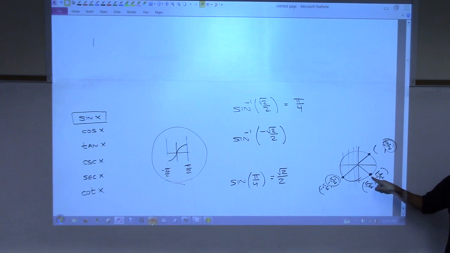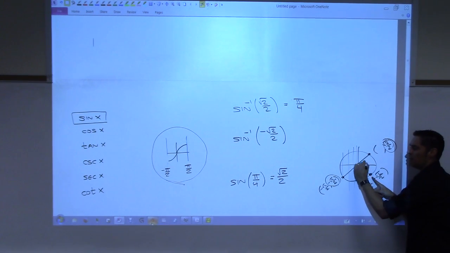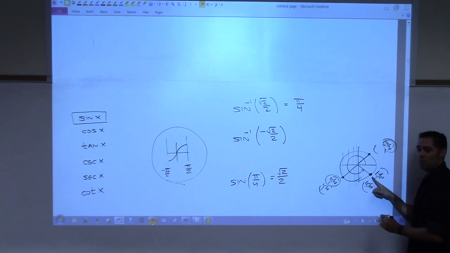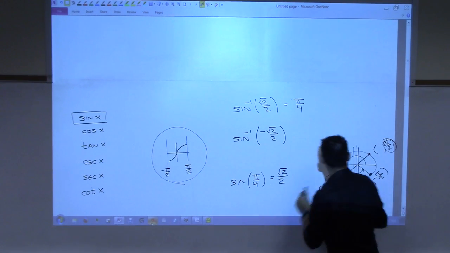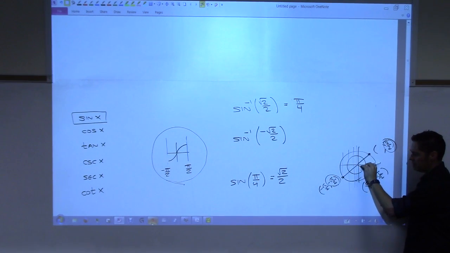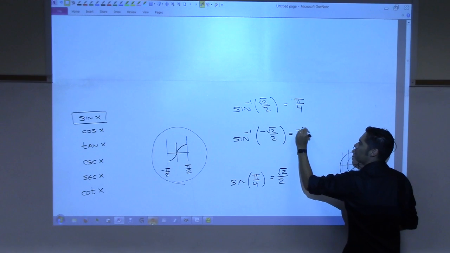So what's that angle? You cannot go around and tell me what that angle is. Why? Because to go around means you have to be bigger than pi over 2. You're not allowed to. So you have to go backwards, negative angles. This is negative 45 degrees or negative pi over 4. So the answer to this is negative pi over 4.